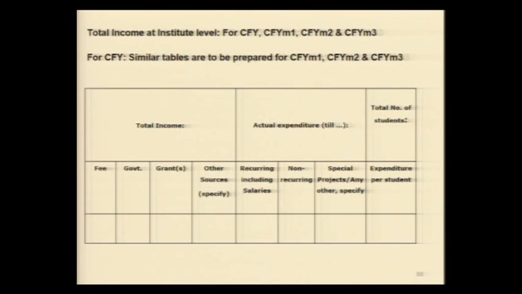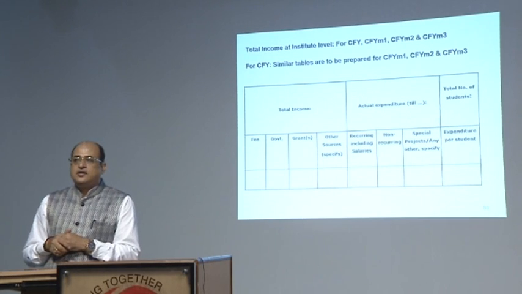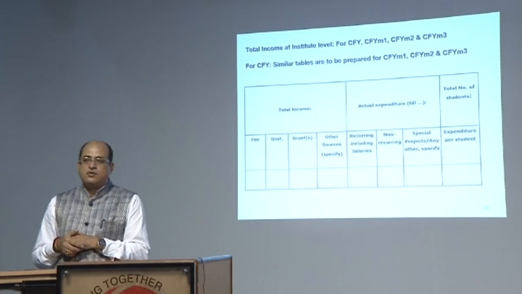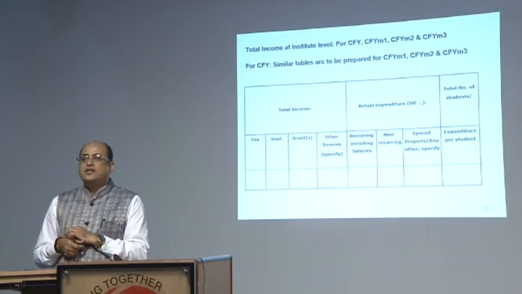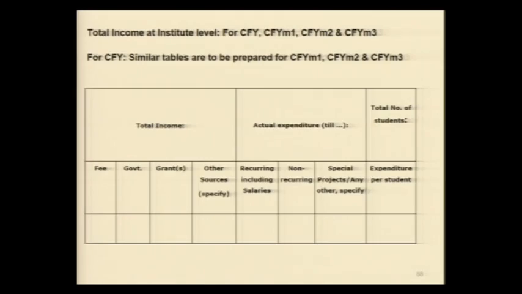Actual expenditure is bifurcated into components: recurring, including salary, non-recurring, and projects if the program or institution is funding them. In the rightmost column, the total number of students as calculated for the teacher-student ratio, N, will come there, and the lower row in the same column will give the expenditure per student. So the total expenditure from the previous column is divided by the total number of students.